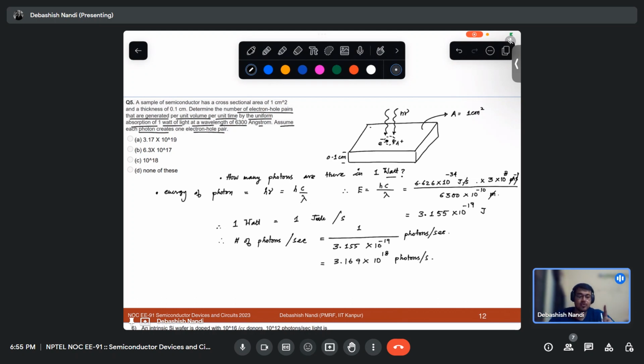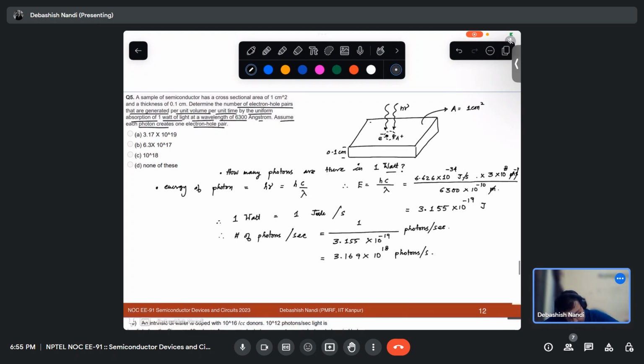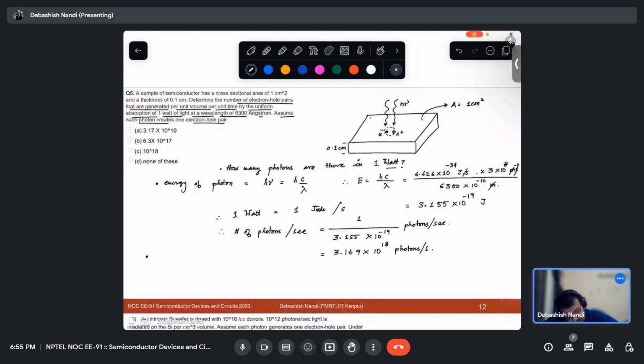Now one photon creates one electron hole pair. So one photon translates to one electron hole pair. Fine. So one photon would be your sample, this one electron hole pair.